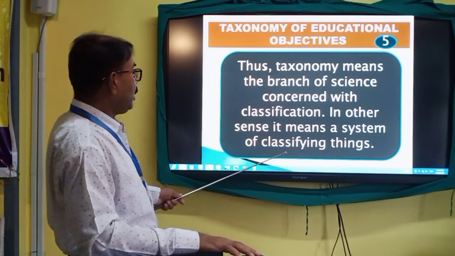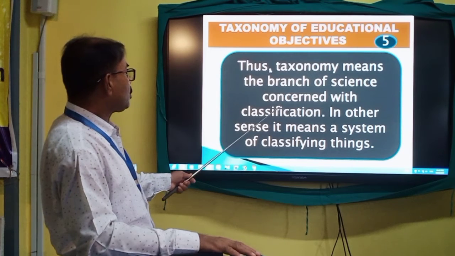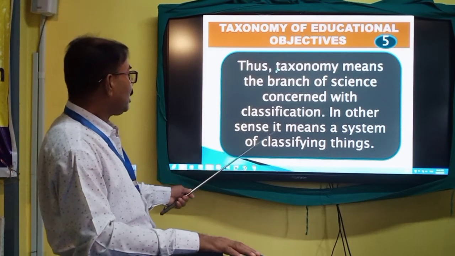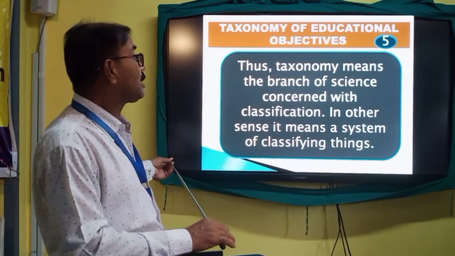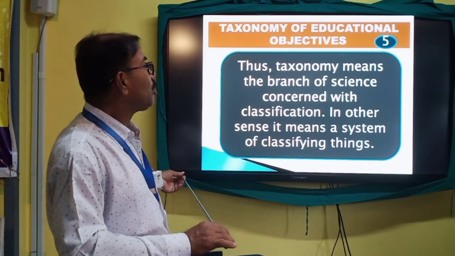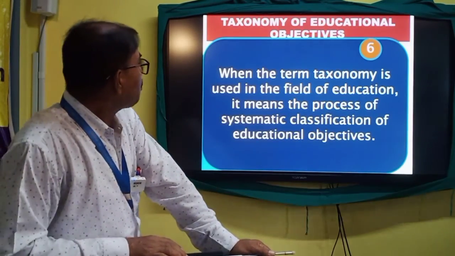Thus, taxonomy means the branch of science concerned with classification. In other sense, it means a system of classifying things. When we come to the field of education, we mean educational objectives.